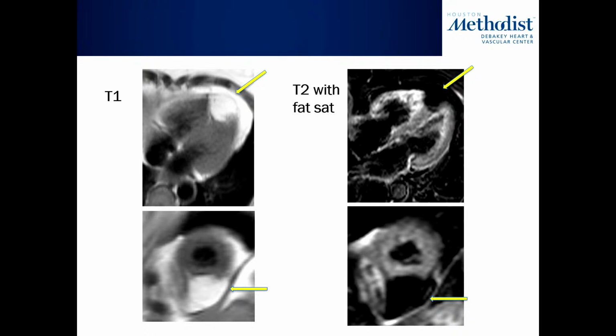So there's nothing else that is bright on T1 but dark on T2 other than fat. So this is a very nice example of a myocardial lipoma. And then we can very simply do this just by getting these T1, T2 images.